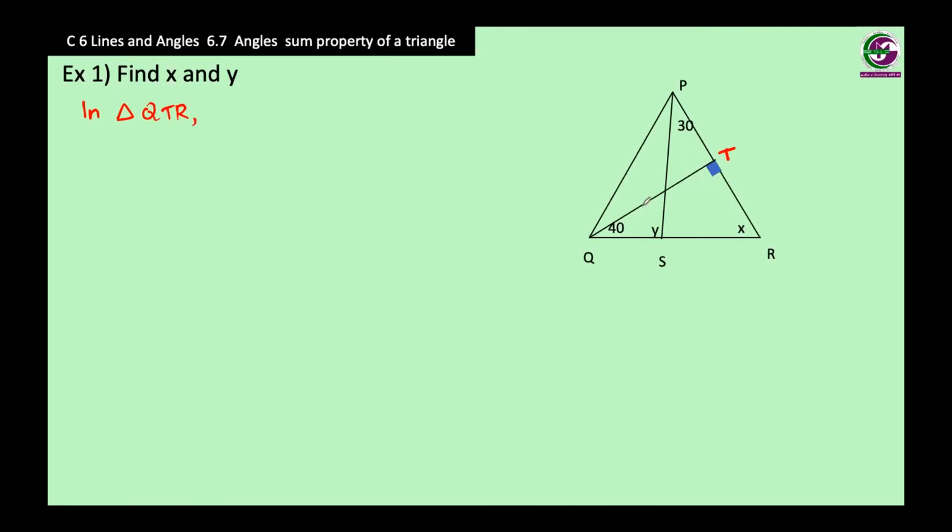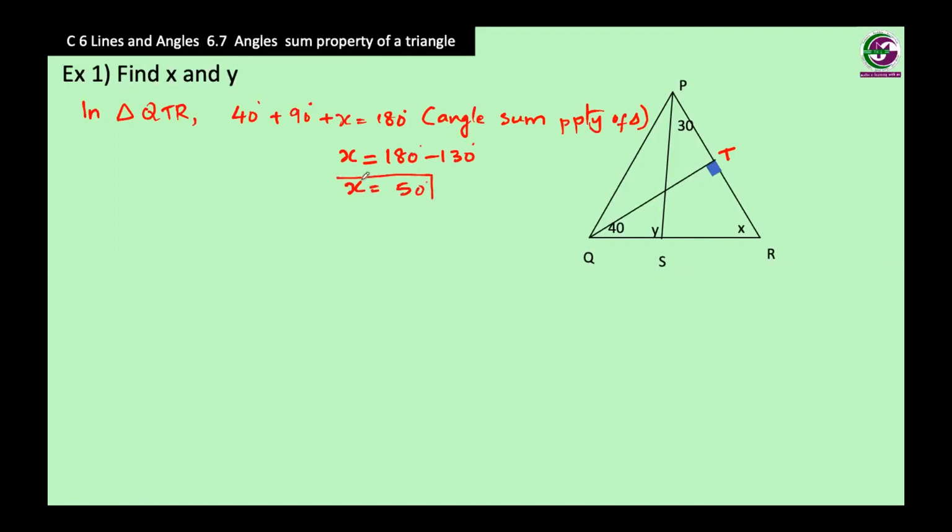So we can apply the angle sum property of a triangle. So 40 degrees plus 90 degrees plus angle X is equal to 180 degrees, angle sum property of a triangle. So we know that X is equal to 180 minus 130, which is equal to 50 degrees. So we get the value of X.